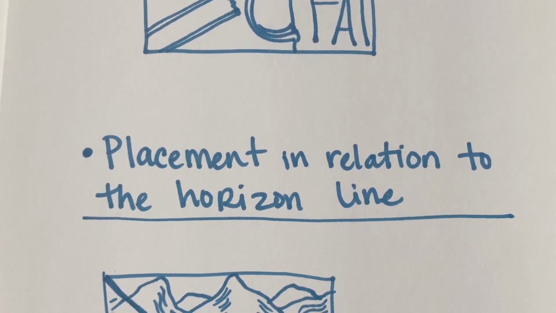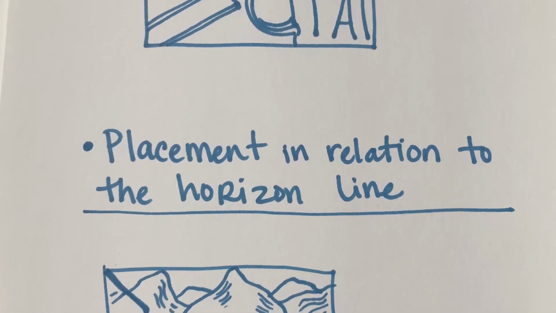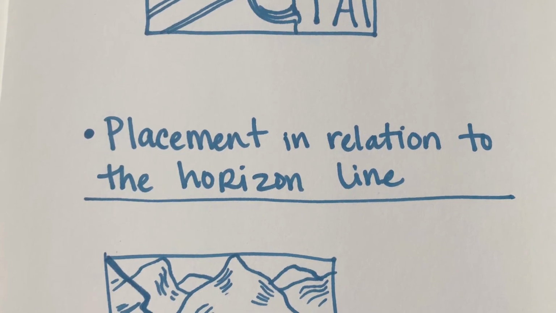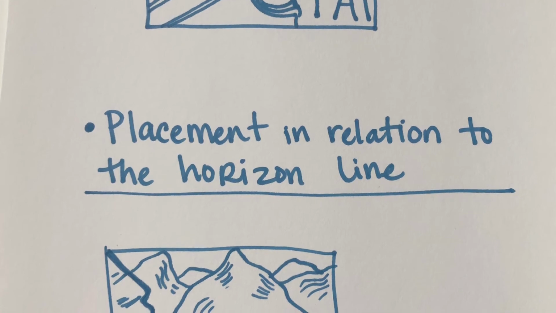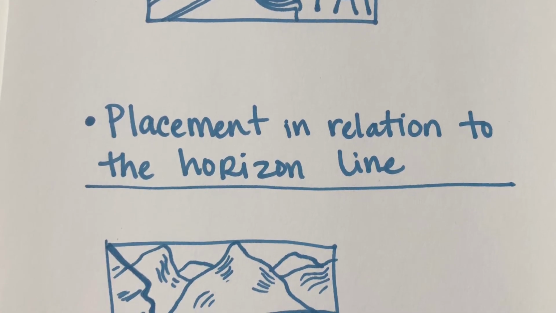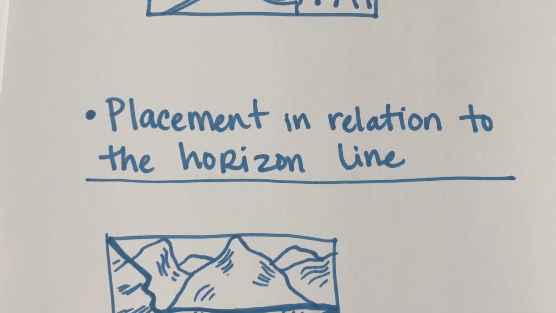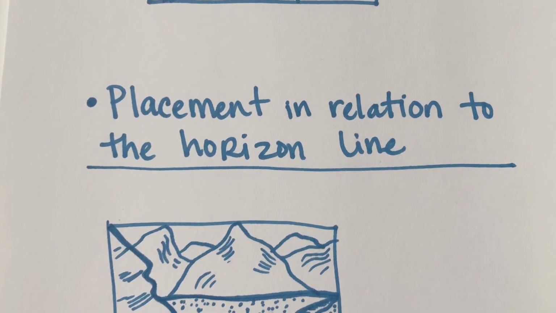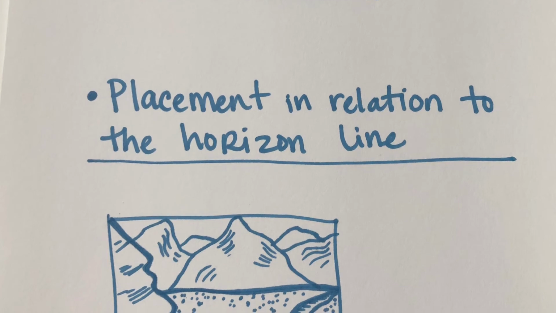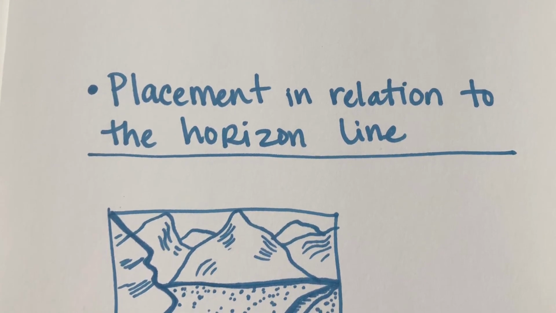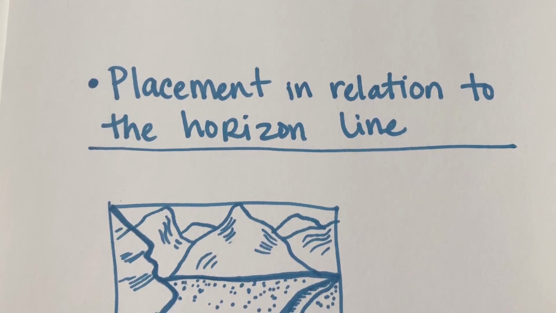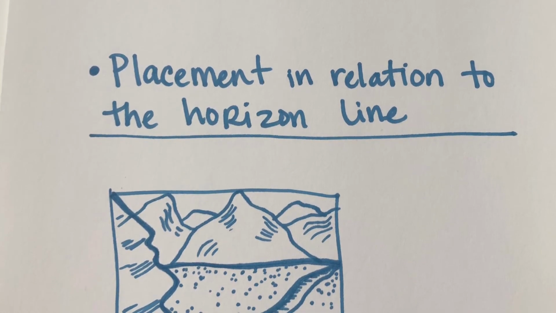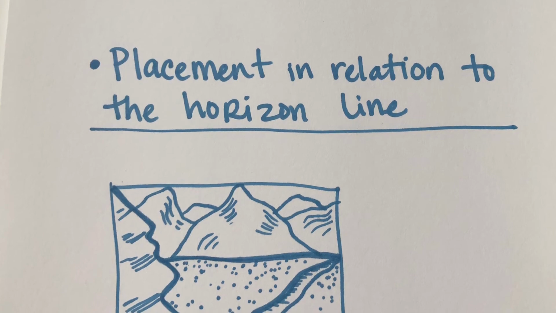Now, placement in relation to the horizon line. This is something that you play with depending on your piece. Like Cherish, you did a piece with the horizon line with your monochromatic piece. How you place your horizon line lends to the feeling of space based on how the viewer is seeing it. So for instance, a lower horizon line is going to make a viewer feel like they are already up high.